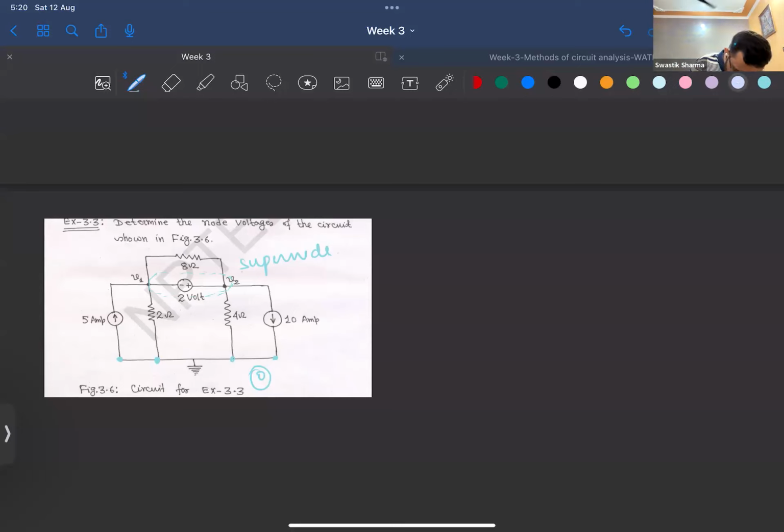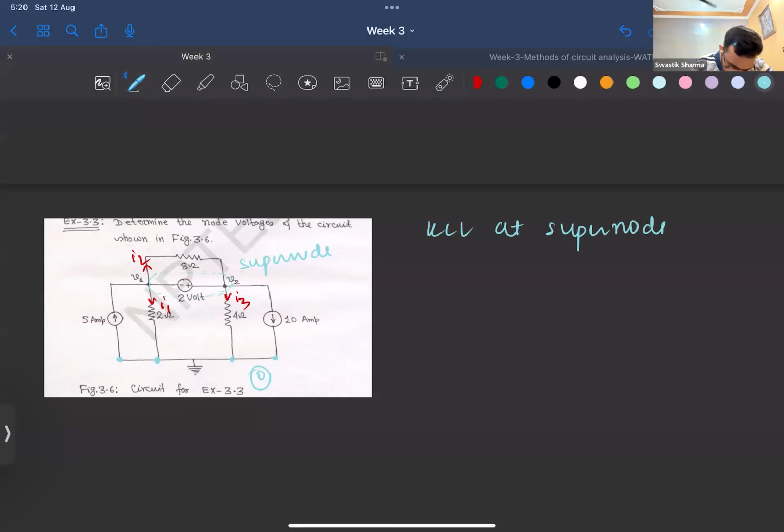Apply KCL and KVL simultaneously, right? So let's apply KCL. There's this current, it's not visible, right? I1, I2, I3, and I4 is given. Let's apply KCL at the supernode.